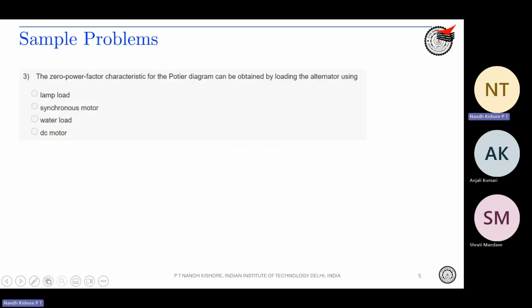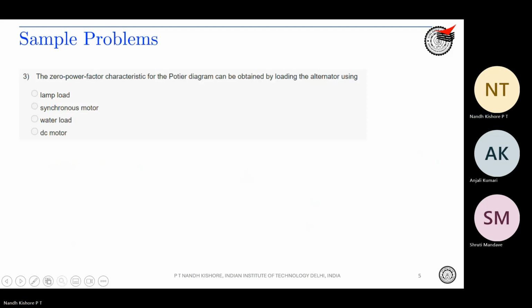So the next question is, the 0 power factor characteristic for the Potier diagram can be obtained by loading the alternator using lamp load, synchronous motor, water load, and DC motor. Okay.